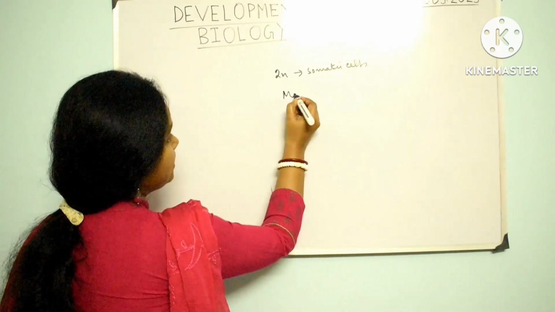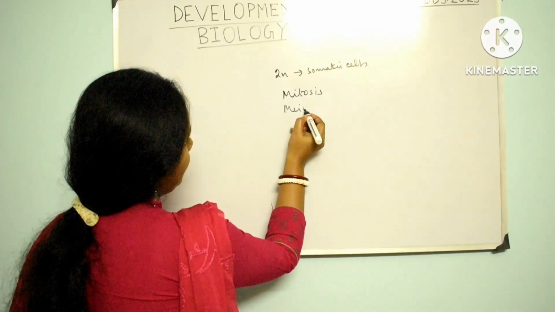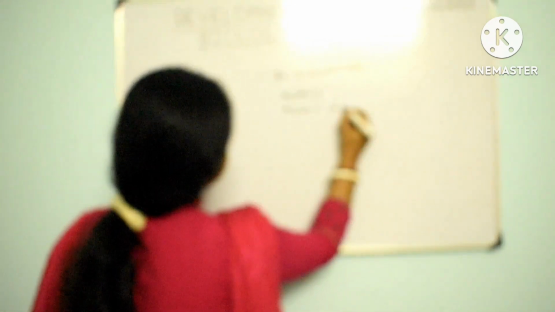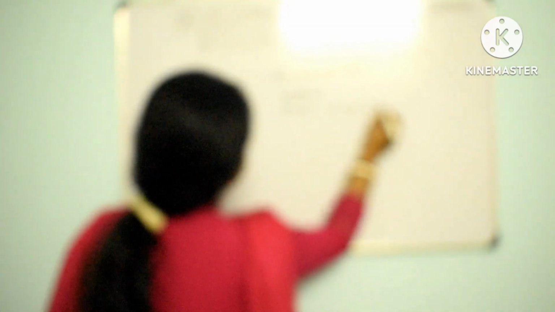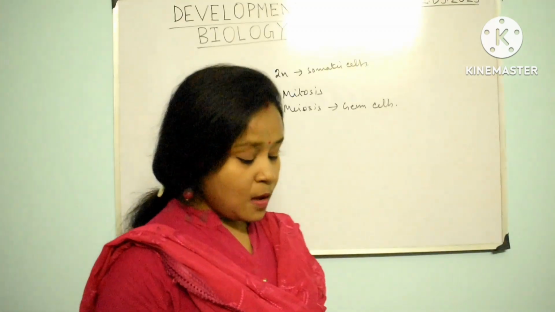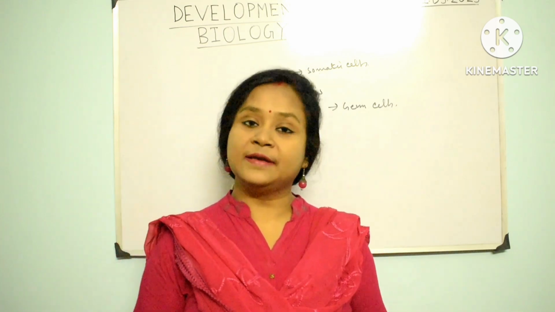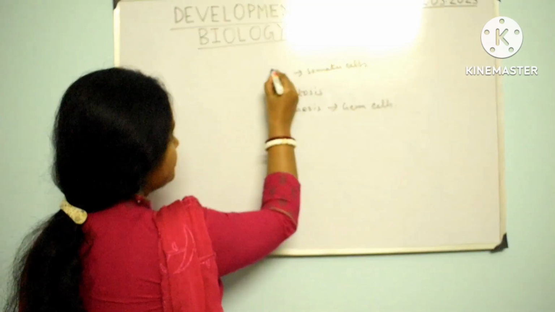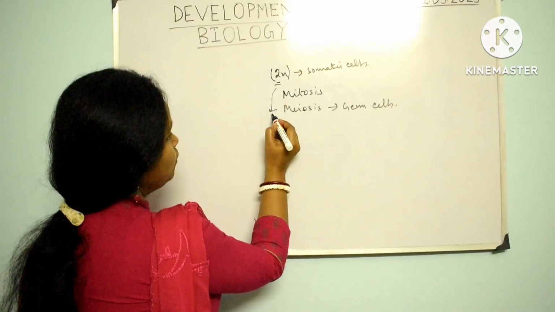All of you know there are two types of cell division, mitosis and meiosis. And here, for the formation of germ cells, meiosis is needed. Why is meiosis needed? All of you know that meiosis is known as reductional division, and by the process of meiosis the 2n number is reduced to n.